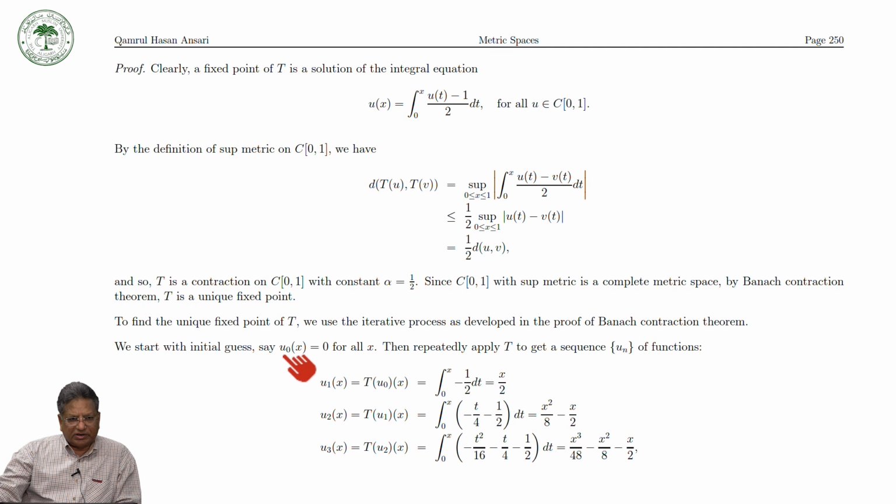So let us take our initial guess as u0, u0(x) is equal to 0 for all x. Okay, then repeatedly apply T to get a sequence u_n of functions. How can we take it? You apply T over here and you will get T of u0(x).